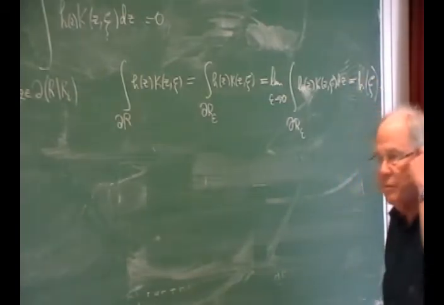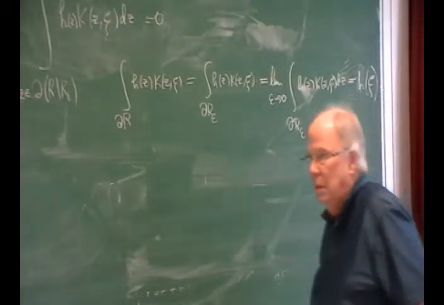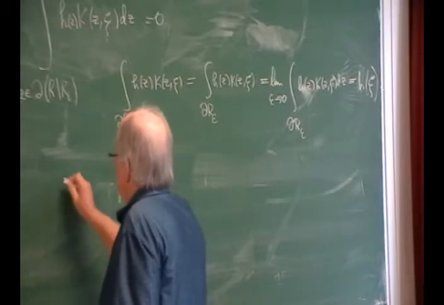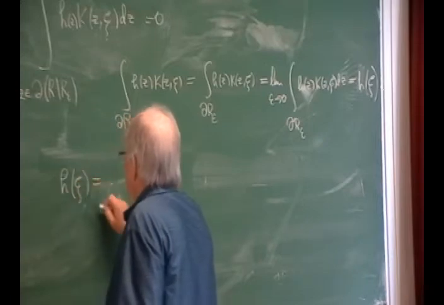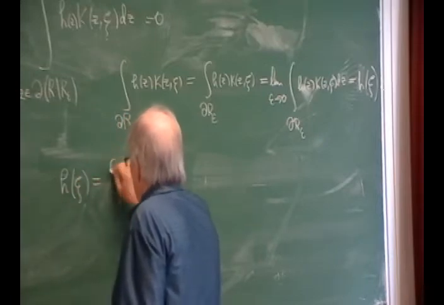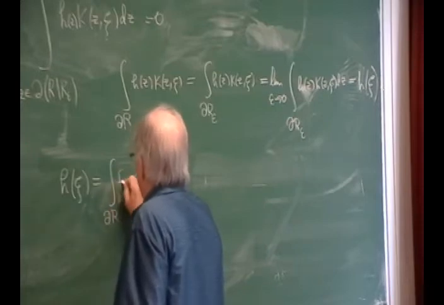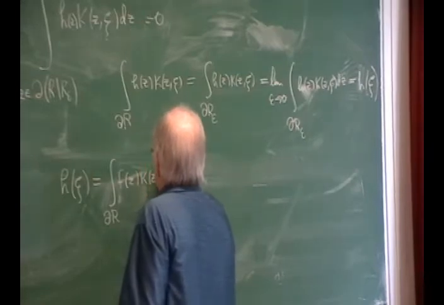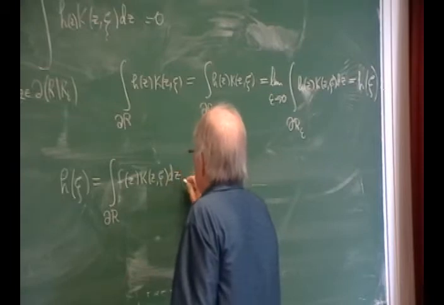Okay. So we have h of zeta equals, I'll write it out long for you once, an integral around the rectangle of f of z times the Cauchy kernel dz.